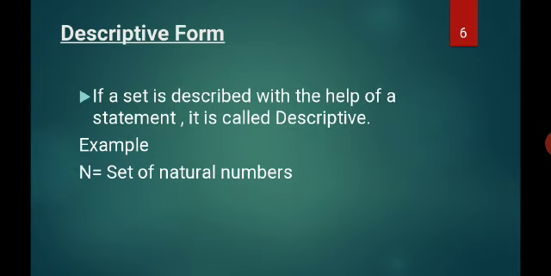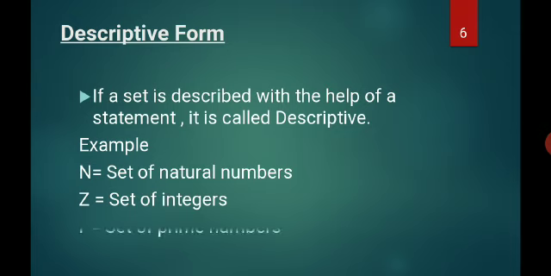As you know, natural numbers start from 1, 2, 3. Z is equal to the set of integers and P is equal to the set of prime numbers. These are all descriptive forms.